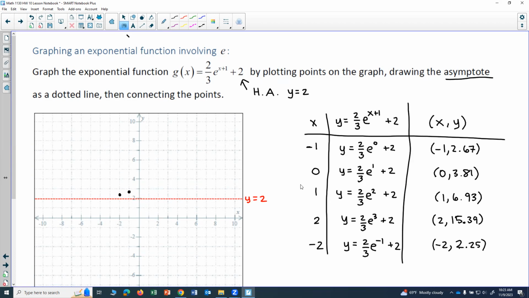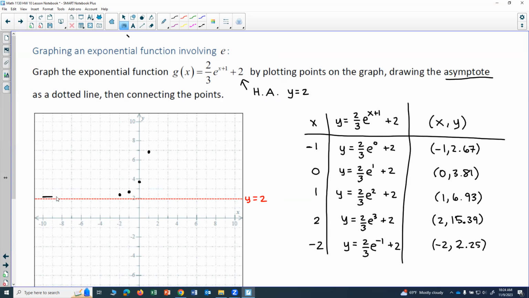When x is 0, I'm at 3.81. When x is 1, I'm at 6.93, so almost at 7. And when x is 2, I'm at 15.39, so way up there off the grid. So I know it's going to be a really steep graph.